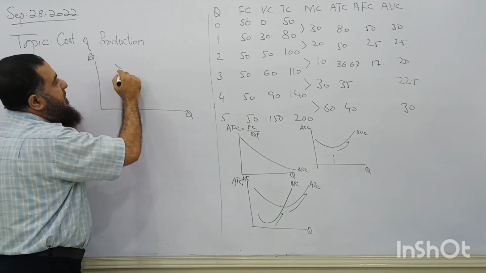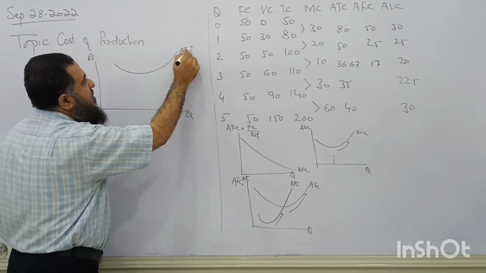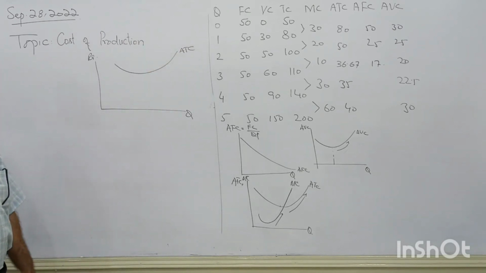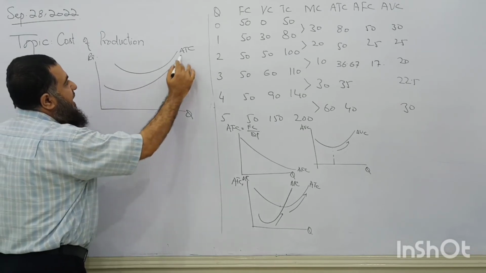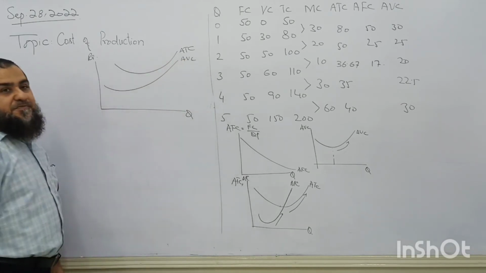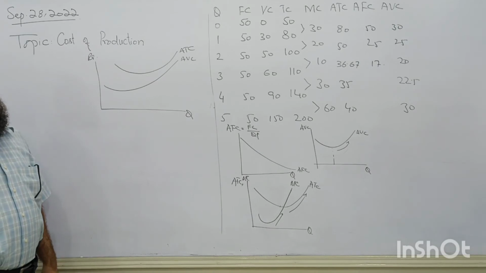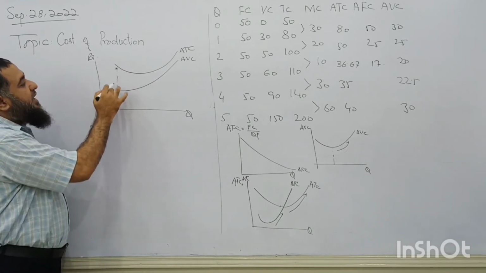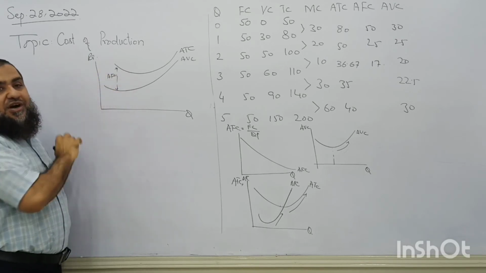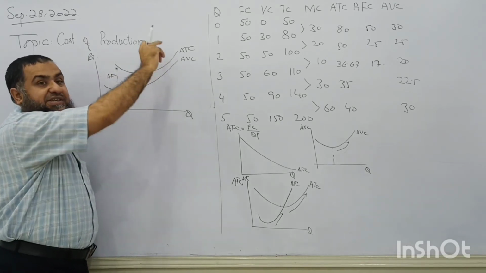This is the shape of average total cost. Clear? This is the shape of average variable cost. Clear? The gap between these two is average fixed cost, and it is continuously decreasing.